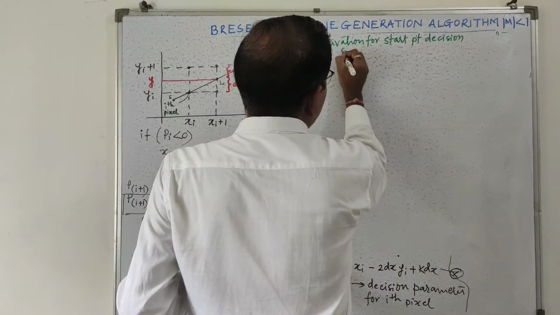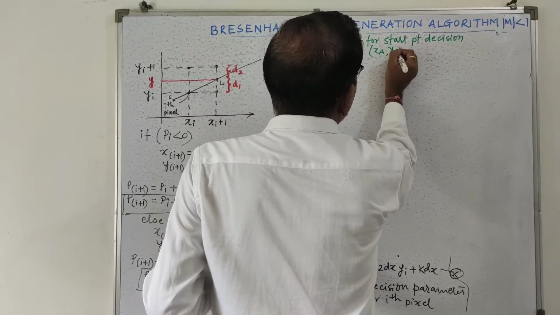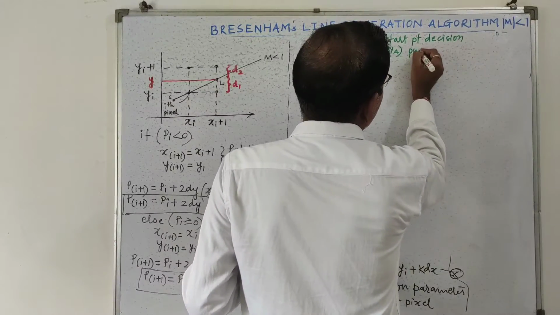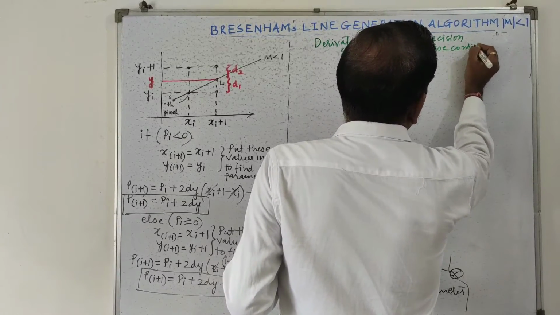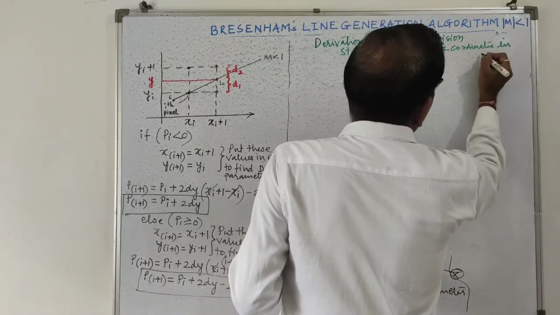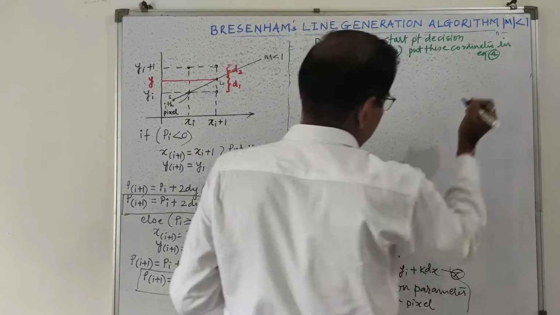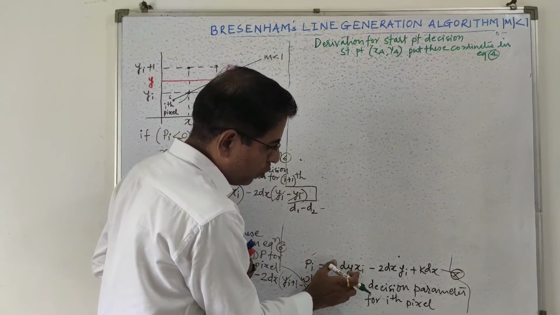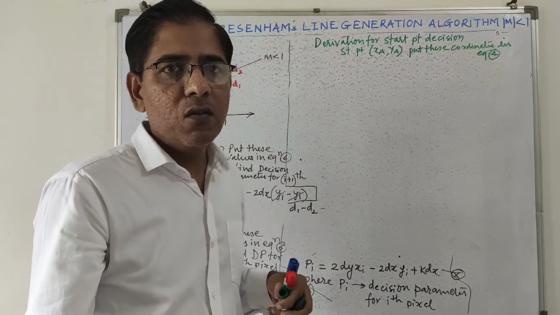Now what are the coordinates of the start point? Start point coordinates are xa, ya. Now put these coordinates in equation 4, the pi equation. Put xa in place of xi and ya in place of yi.